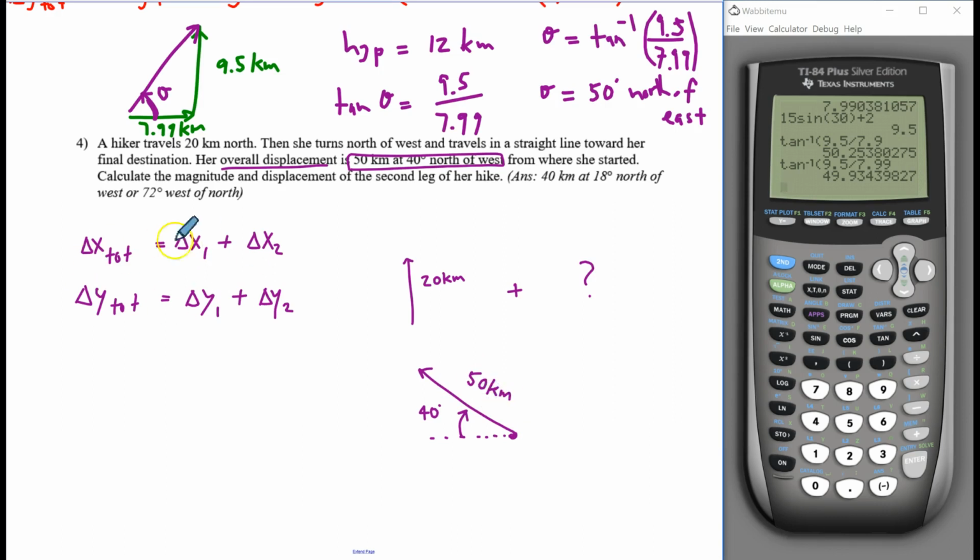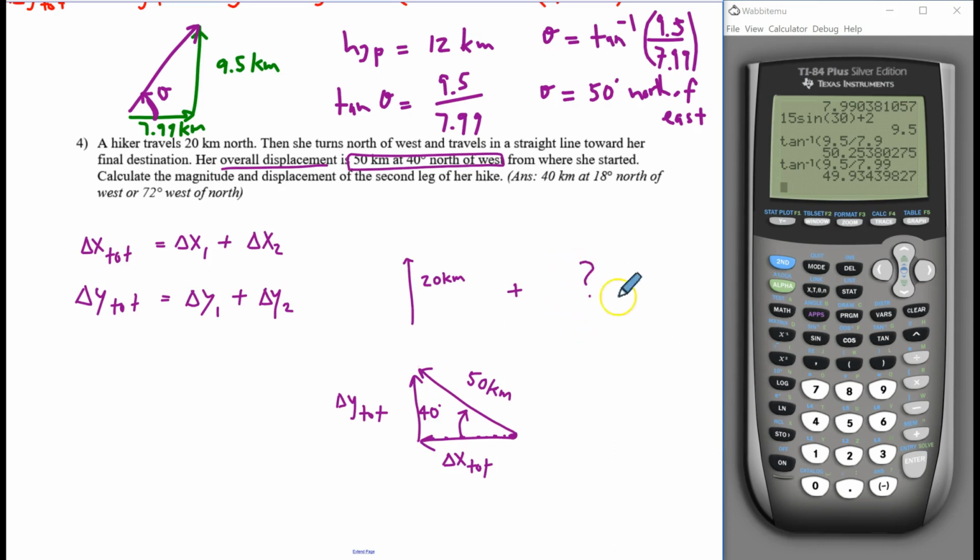So yes, look at these equations. We can find the total x because we know the resultant. We can find the total y. And we can kind of work backwards. If we look at this total y, part of it comes from the 20 kilometers.